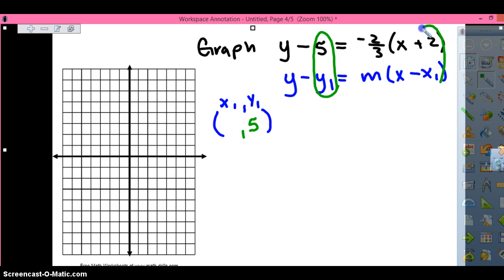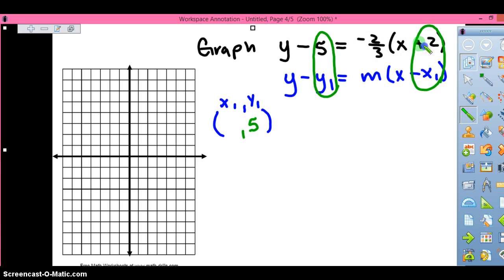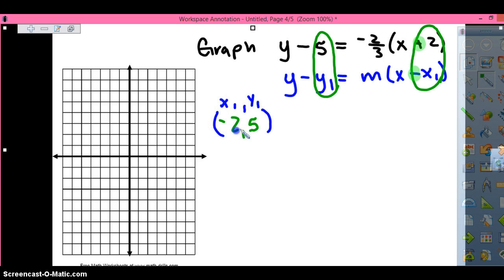For x sub 1, in this case, notice that the 2 has a plus sign where the formula has a minus. That means that x sub 1 is negative 2, because how do you make that minus sign into a plus? There have to be two negatives. And the slope will be negative 2/3.